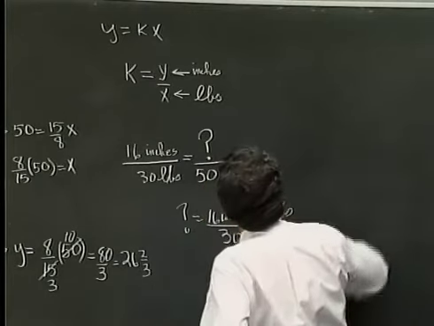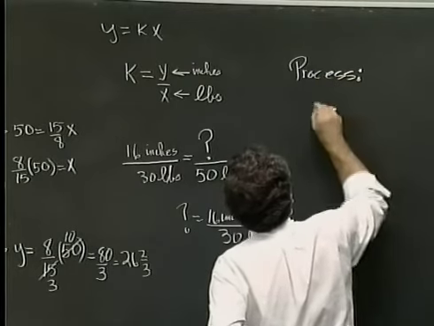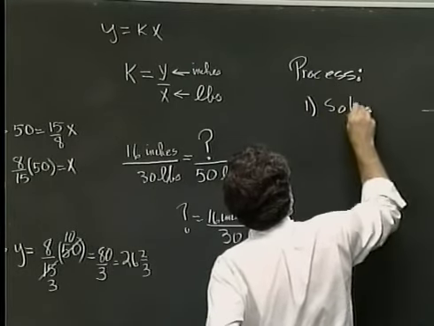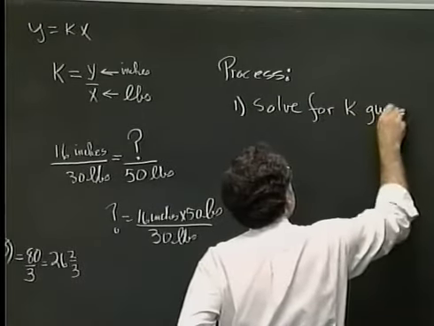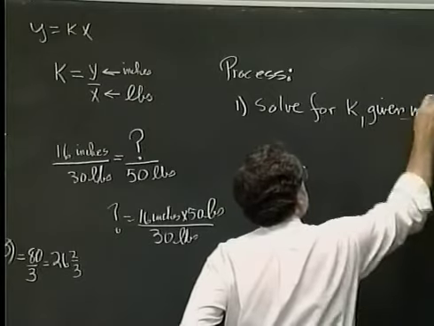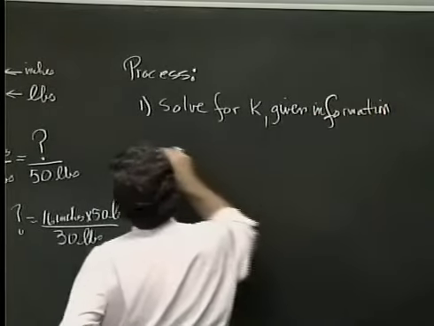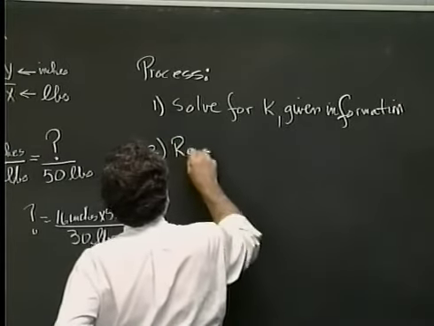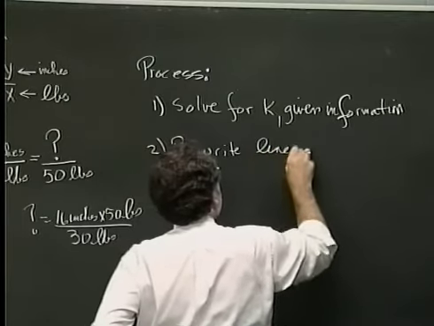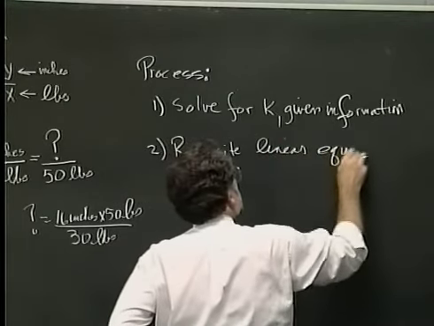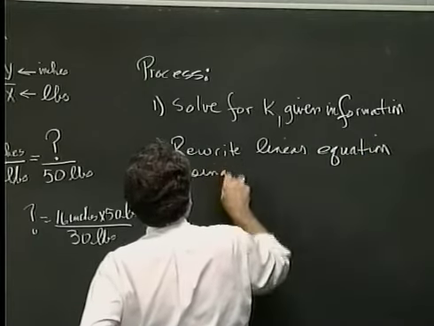So the process: 1, solve for k given information. 2, rewrite linear equation using the value of k.